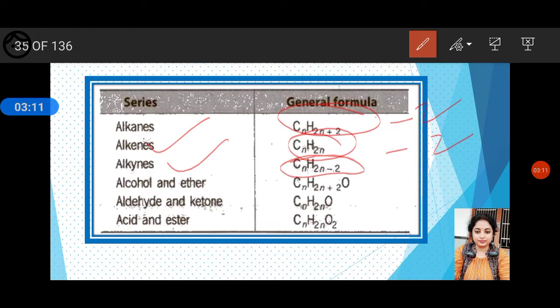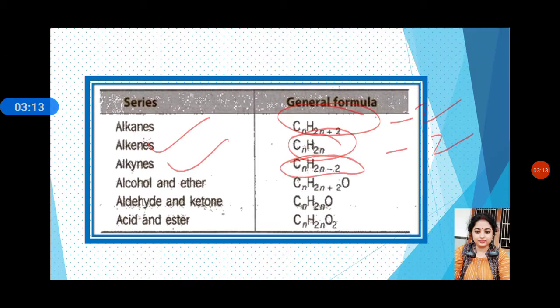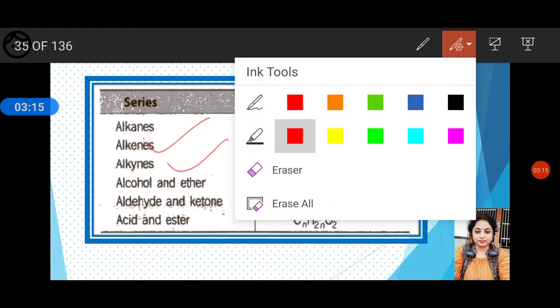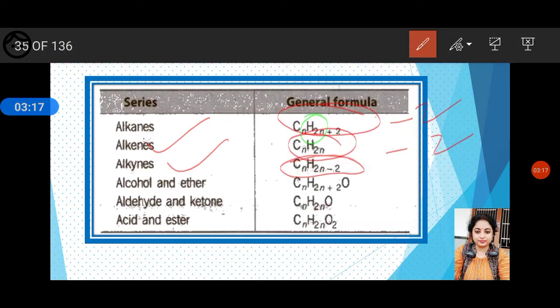Do remember, you don't have to touch this 2; the 2n should not be touched. This is a general mistake. Few children just try to memorize by subtracting 2, and sometimes they forget which 2 is to be touched.